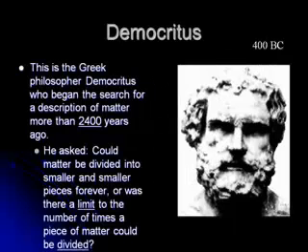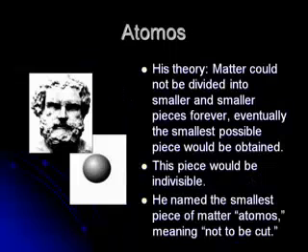Okay, so beginning with Democritus, he was a Greek philosopher, not one of the more well-known ones, which is why it took so long for his concept of the atom to be accepted. But he basically thought about what matter was and decided that you could keep dividing it and dividing it and dividing it, and then eventually you would get down to a particle that you could not divide again.